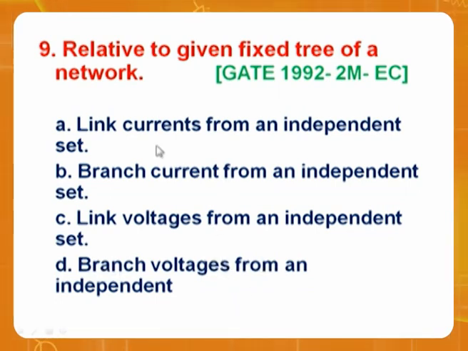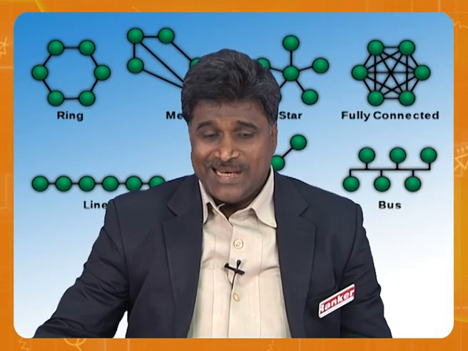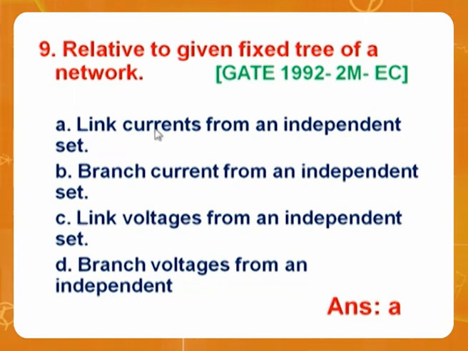See, look at all these options we have. The option is A. You know why? Branch currents we don't talk about as far as a fixed tree, we talk links. Link is a current. So link and current is the word we need to take.